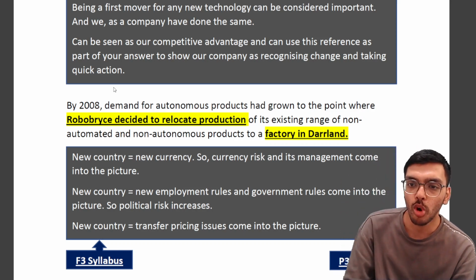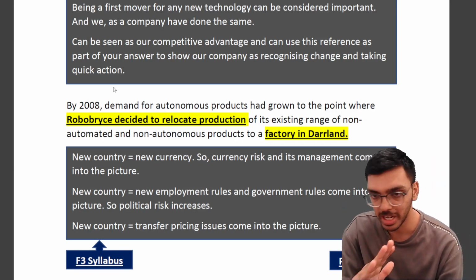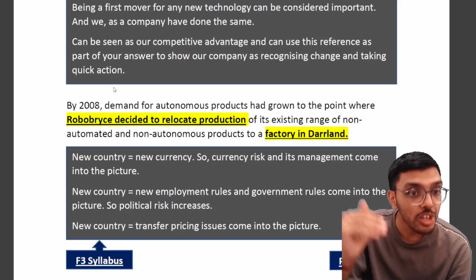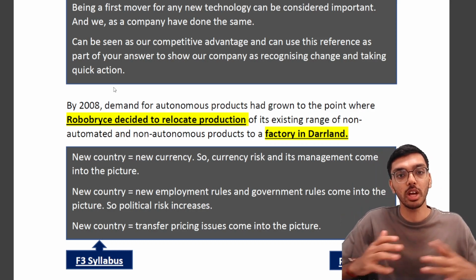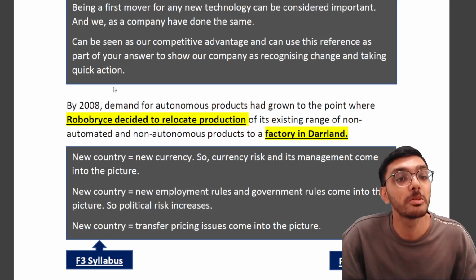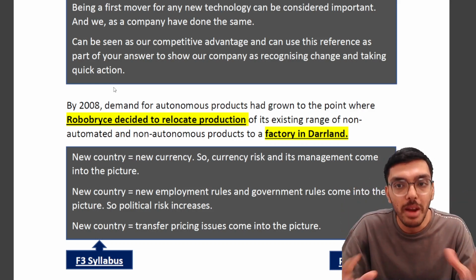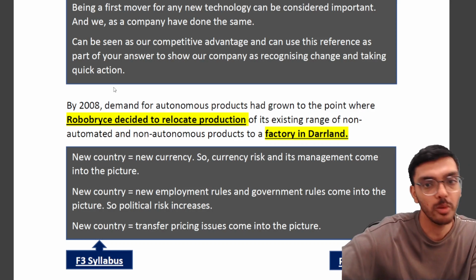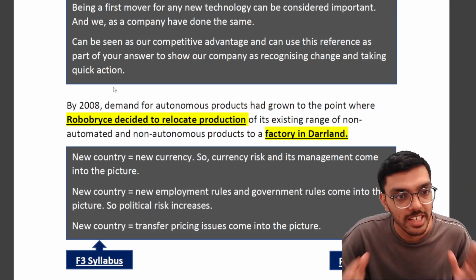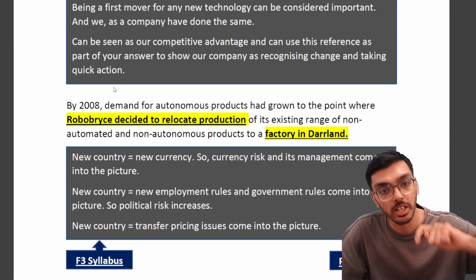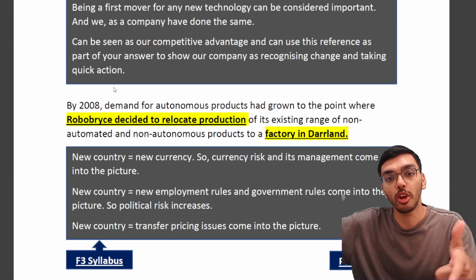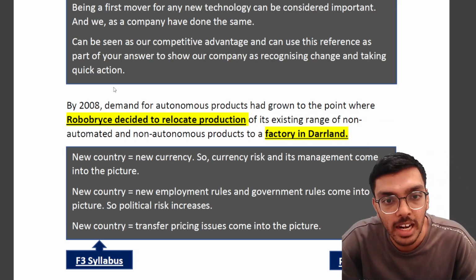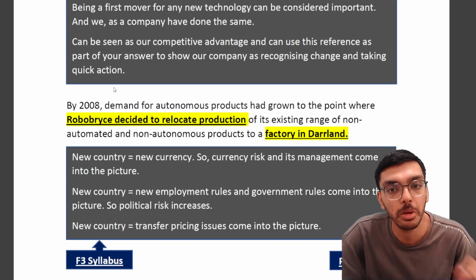Traditional is my forklifts, carts that I have made from the very beginning. New is these autonomous products. So in 2008, demand for autonomous products became very, very prevalent. So what we decided was my traditional existing range of non-automated, non-autonomous products was shifted to Darland for production purposes.